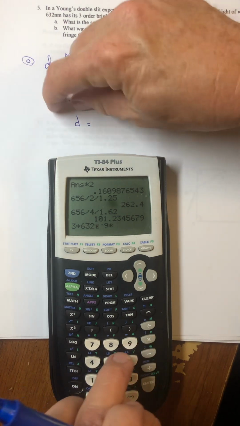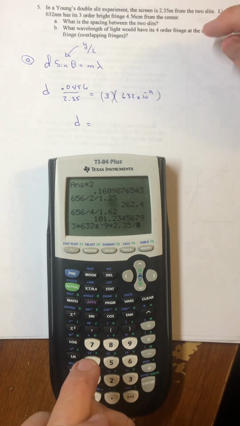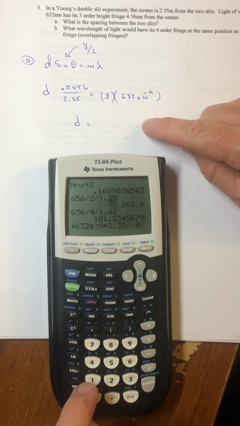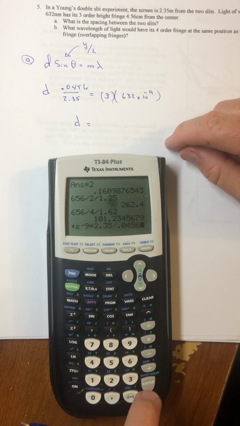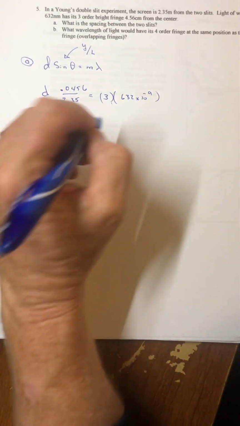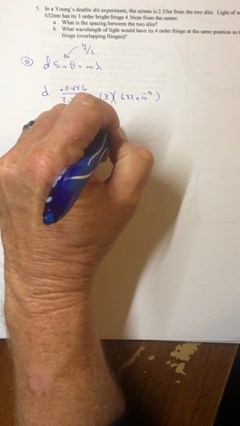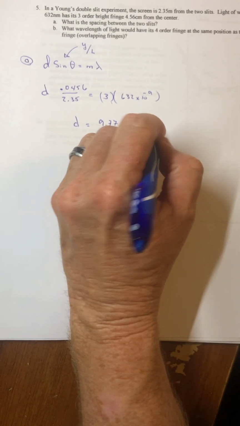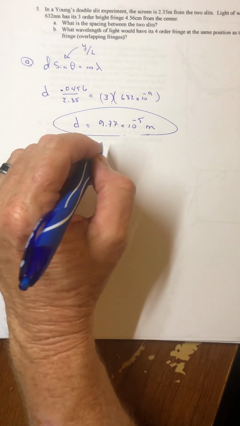Maybe I'll just imagine bringing this over, 2.35, and then imagine bringing this to the other side, 0.0456. And I get a d value of 9.77 times 10 to the minus 5 meters.